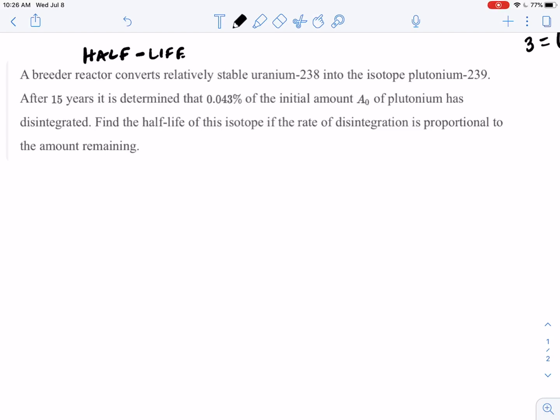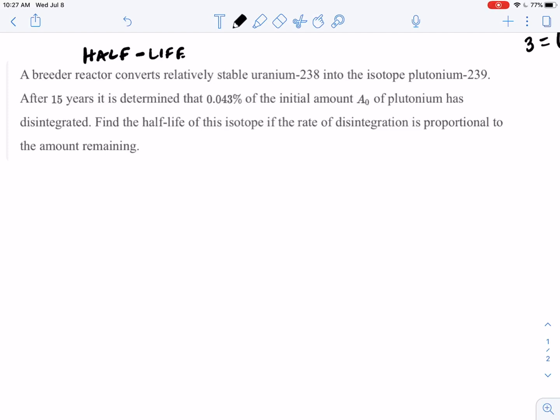All right, so if you look at this, a breeder reactor converts relatively stable uranium into an isotope plutonium. After 15 years, it is determined that 0.043% of the initial amount of plutonium has disintegrated. Find the half-life of this isotope if the rate of disintegration is proportional to the remaining amount.